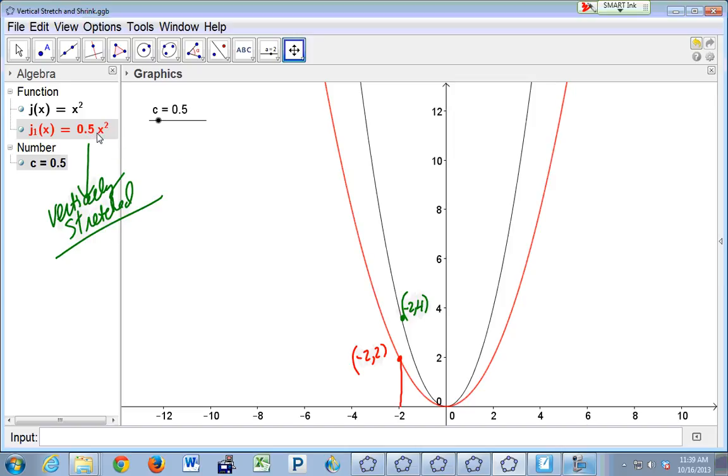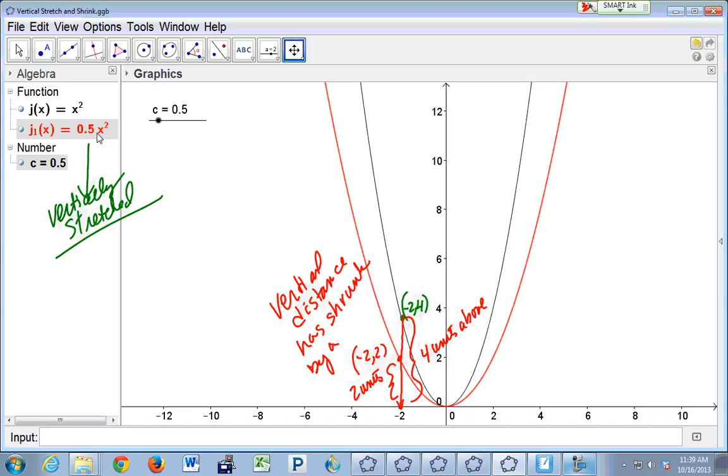You shrunk your vertical distance. This vertical distance originally was 4 units above. Now you're only 2 units. So your vertical distance has shrunk by a factor of 1/2.